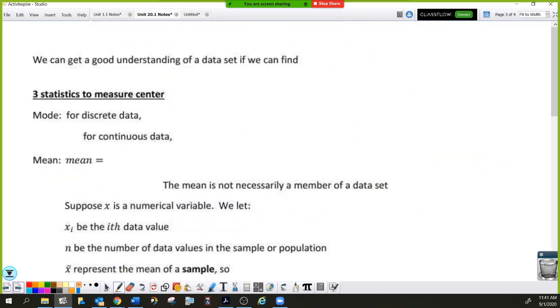So we can get a good understanding of data if we can find the middle, aka the center, of the data.